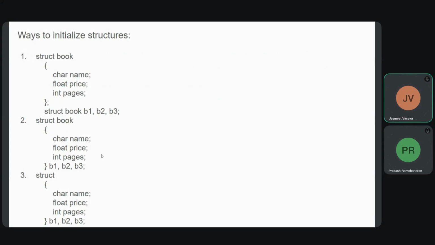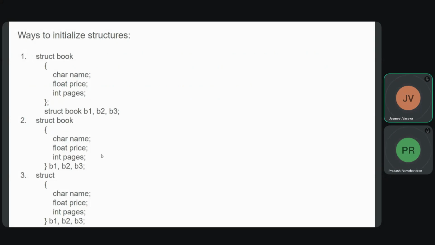So the second way to do it is struct book, mention the data types, and the instances or the members of it are displayed before the semicolon is being put.